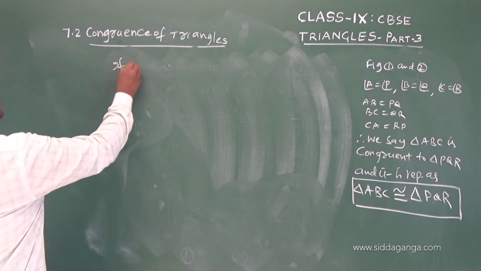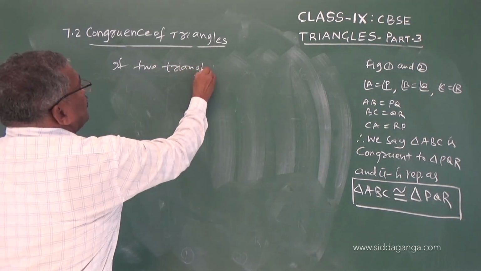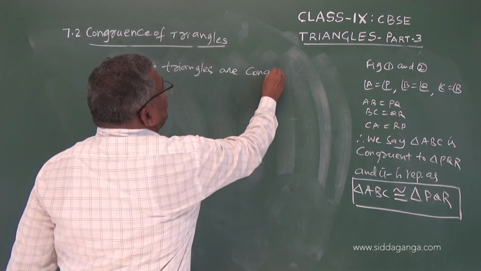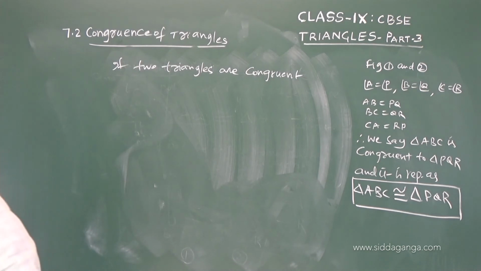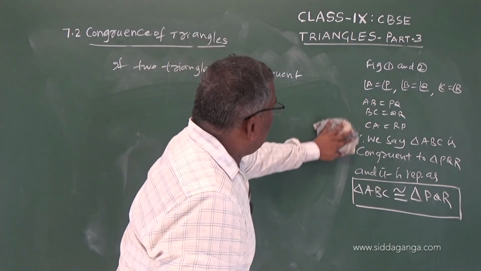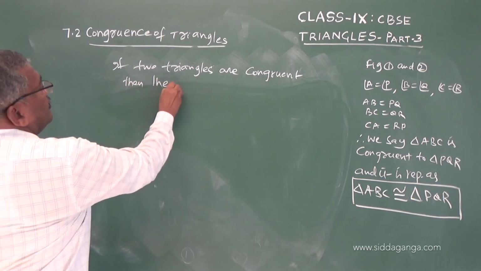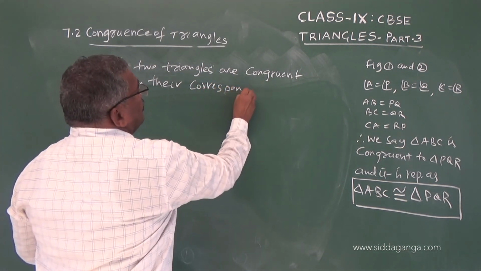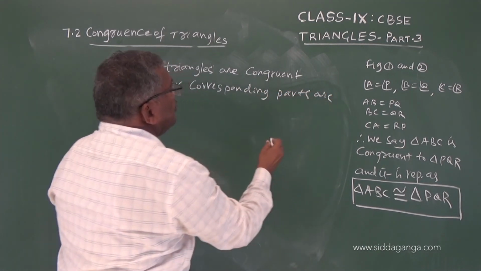If two triangles are congruent, then their corresponding parts are equal.